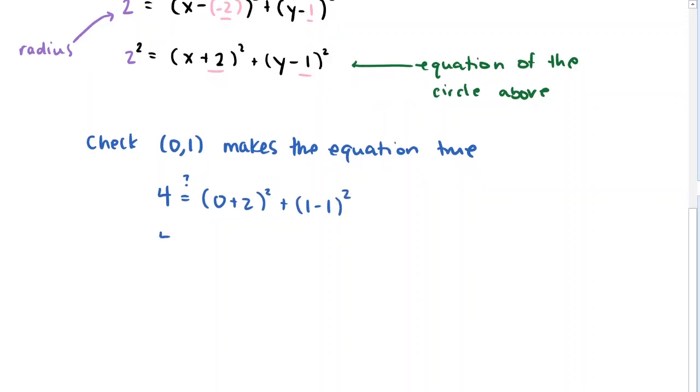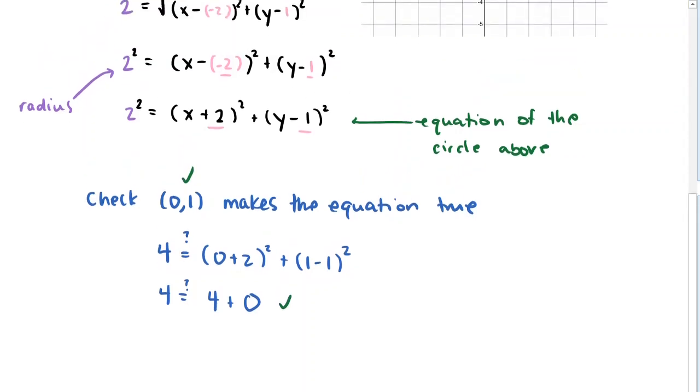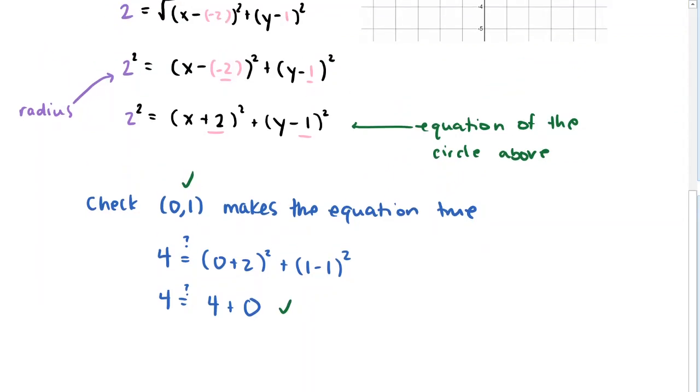What we get here is, we still have 4 on the left, and 0 plus 2 squared gives us 4, plus 1 minus 1 squared, so that's 0. This is indeed true. So this is a point on the circle based on just using our equation here. It should make us feel a little bit more confident about our equation. And this is one way we can always use our equation to find more points.